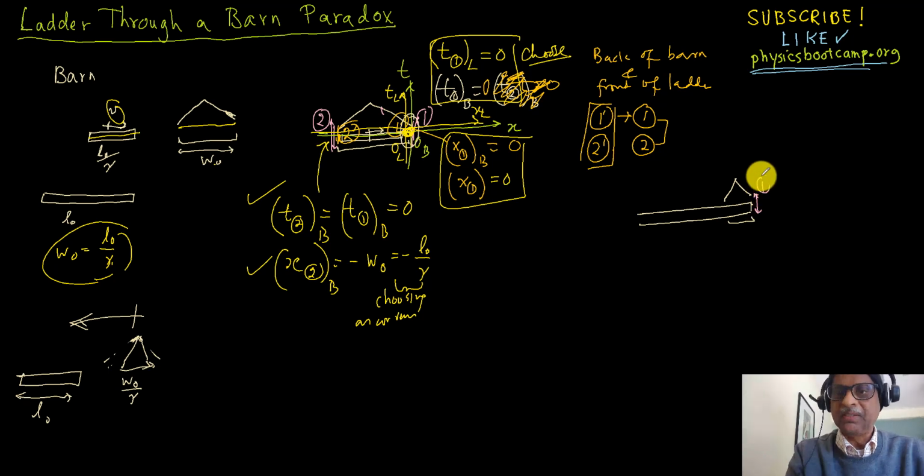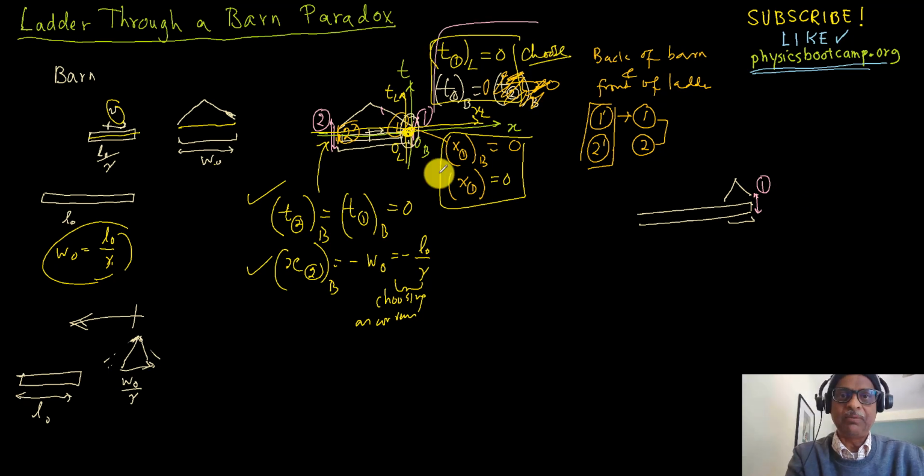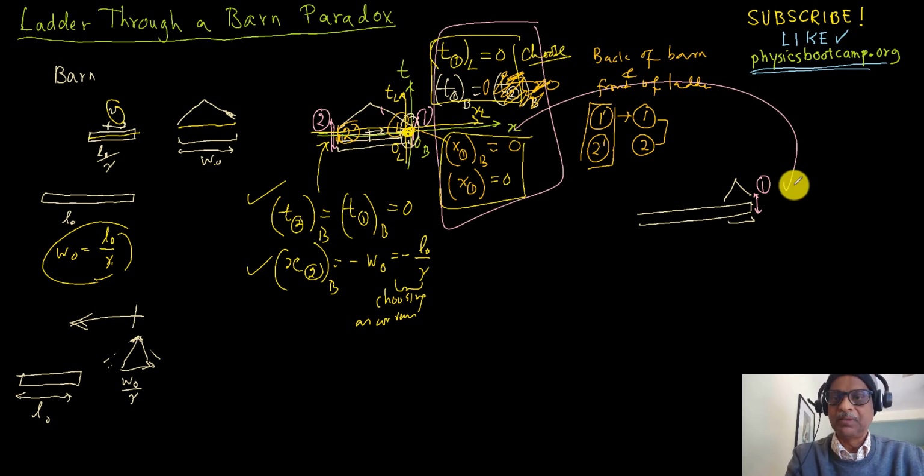That's the first event, where we close the door and open the door. So the ladder is way out here, so it's not actually fitting in. And in this frame the barn is moving and the ladder is fixed.